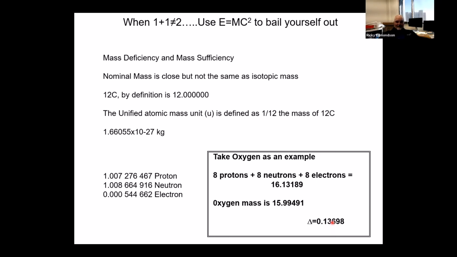Nothing's free, so there's a price for holding those things in the nucleus. Depending on the composition, carbon is different than nitrogen, and so the amount of nuclear binding energy is slightly different. And because E equals mc squared, we can actually calculate this. Based on the mass difference, we can calculate the nuclear binding energy. I just think that's pretty cool.